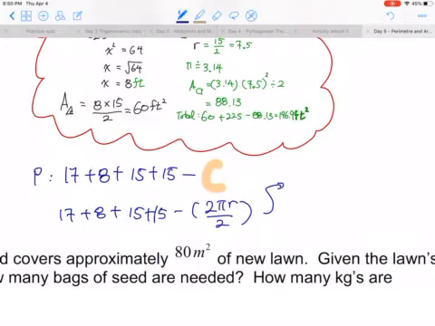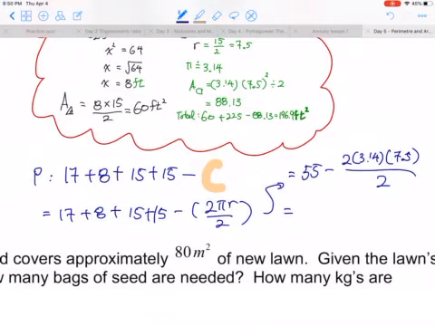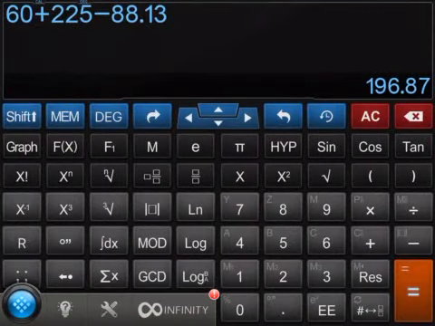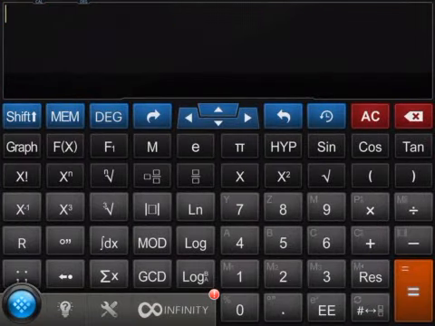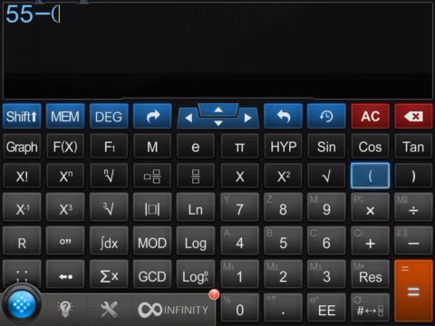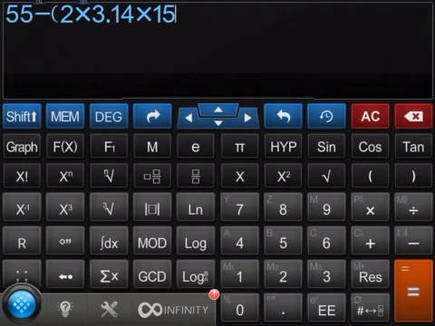Therefore, this equals 17 plus 8 plus 15 plus 15, that is 55, minus 2 times 3.14 times 7.5 divided by 2.